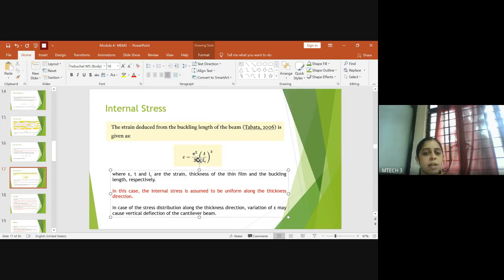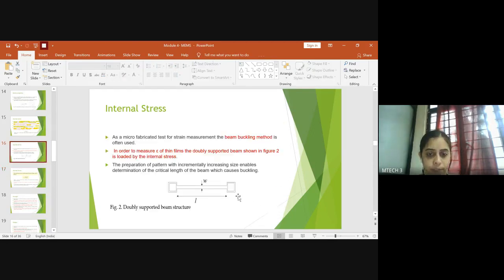So when he was deriving the equation, he assumed the internal stresses will be uniform along the thickness direction. This was a basic assumption he made. Here, this is the length of the MEMS device. What he said is that when it is subjected to an axial load, the pressure distribution will be uniform.